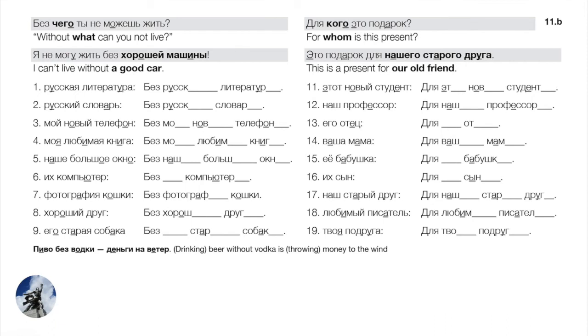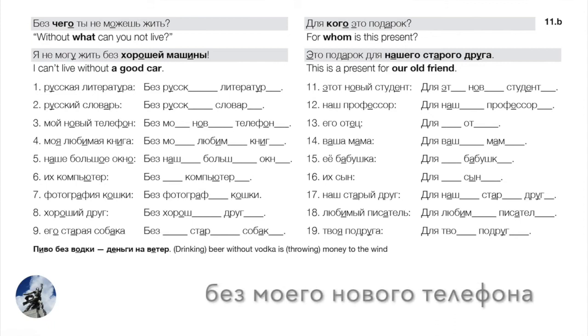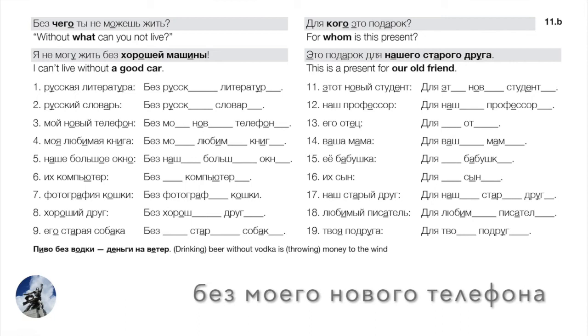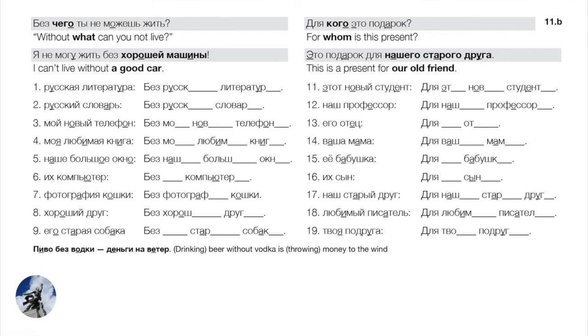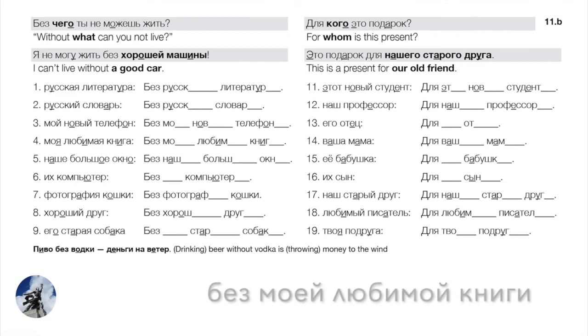Number 3, мой новый телефон, my new telephone. Я не могу жить без моего нового телефона. So его, ого, а. Без моего нового телефона. Number 4, моя любимая книга, my favorite book. Я не могу жить без моей любимой книги. Okay, feminine endings, right?